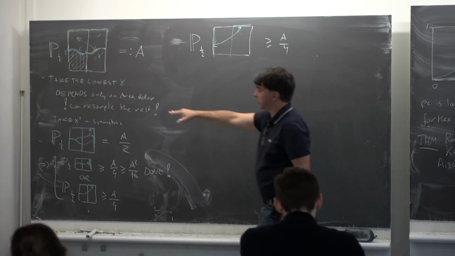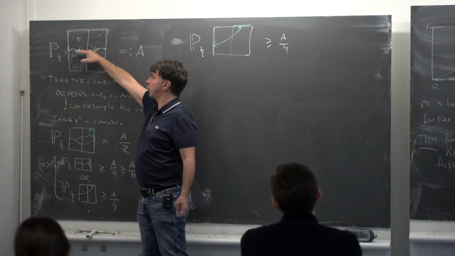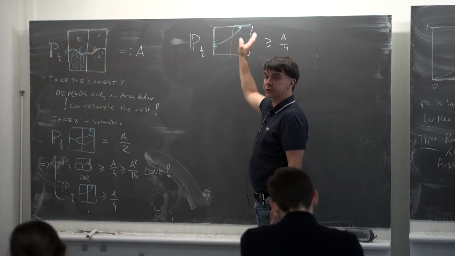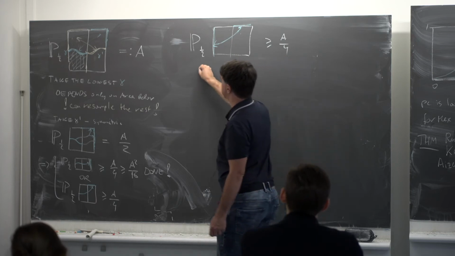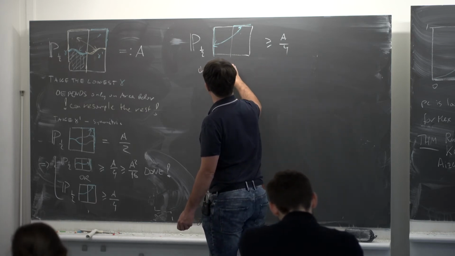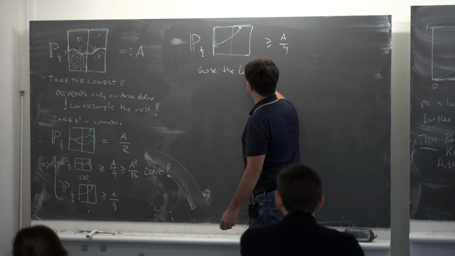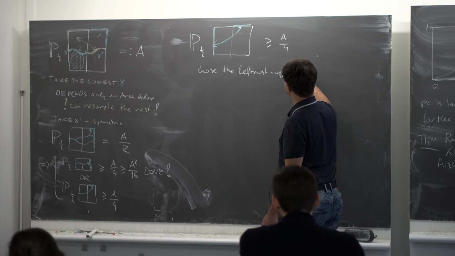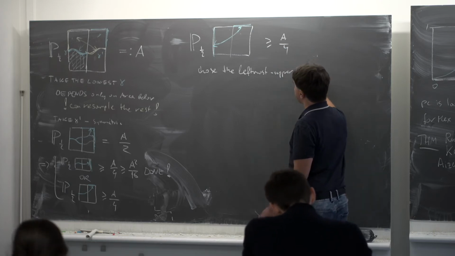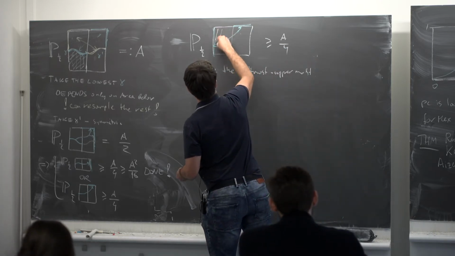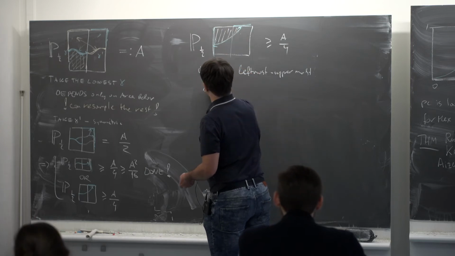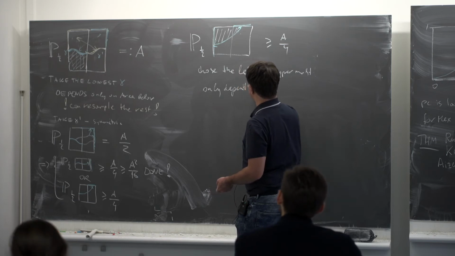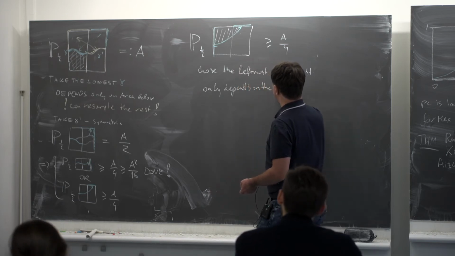So you remember we started with this trick that we take the lowest crossing. Now we take the leftmost uppermost crossing. So it only depends on the sector above.